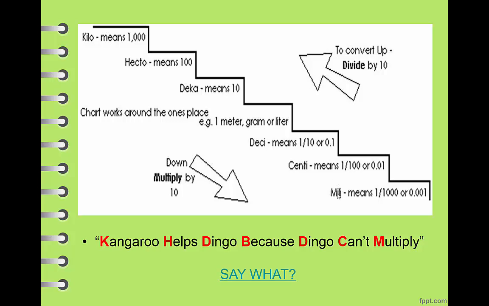We can put them in terms of what is known as the metric staircase. So if I draw a set of stairs where every step is one of these prefixes, I'm going to put my base unit in the middle, and then I have 3 steps, 1, 2, 3 above my base step, and then I'm going to put 1, 2, 3 below.